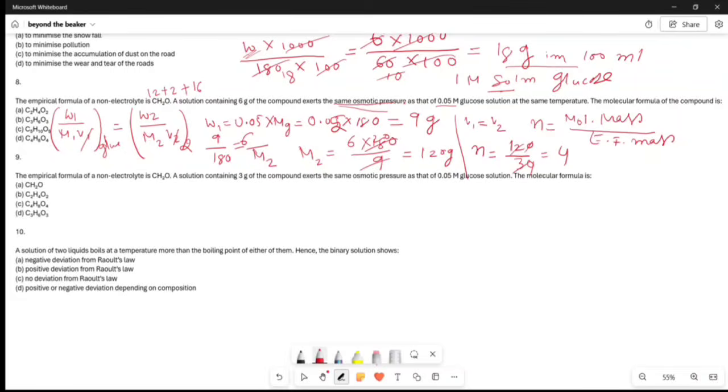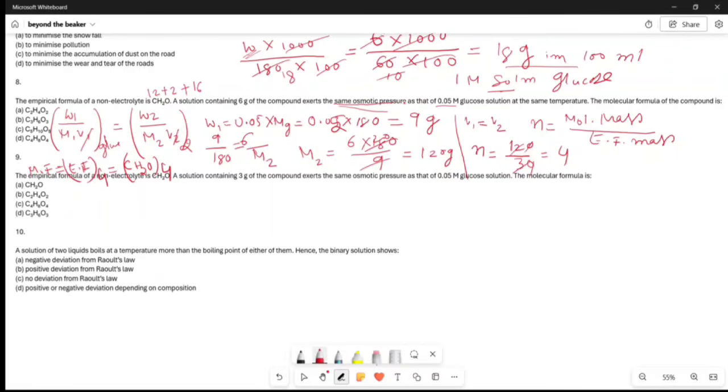After getting n is equal to 4, the molecular formula is equal to the empirical formula multiplied by this number n. n is equal to 4 here. So the empirical formula is CH2O, multiplied by 4.